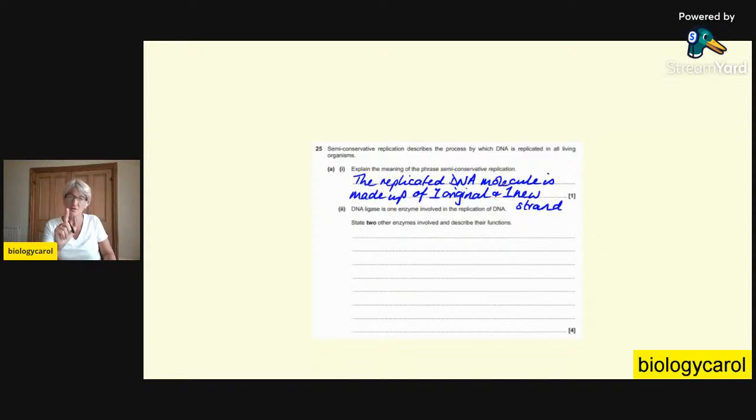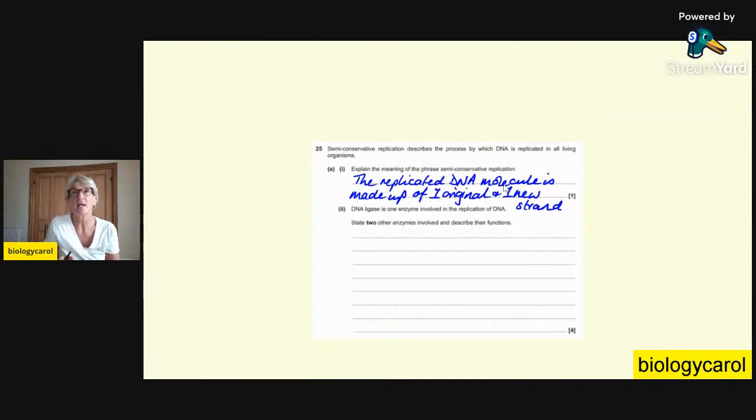Notice, and here am I going to emphasize, always call that double-stranded helix, that double-stranded molecule of DNA, a molecule, because you can then talk about the two strands that make up the molecule.